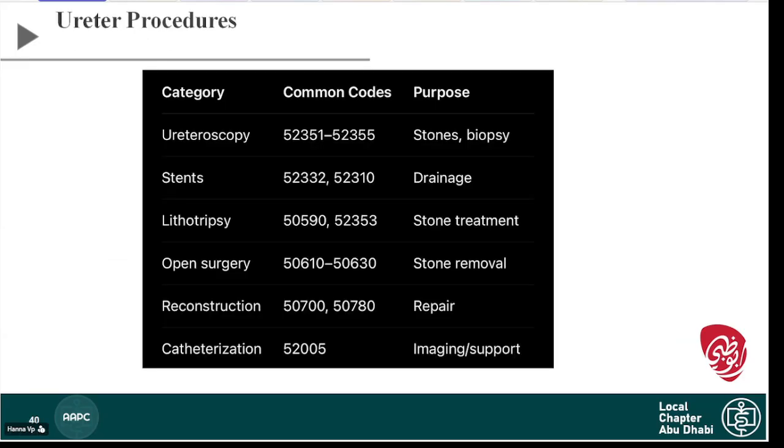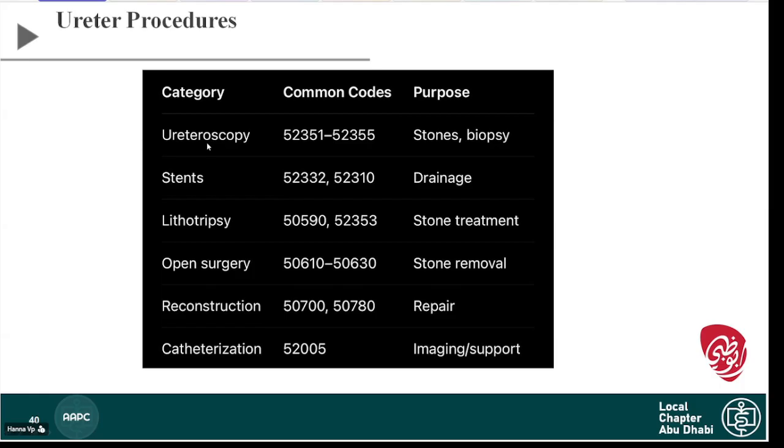Next, you can see ureter procedures, guys. Ureter means what? The tube which connects the kidney to the bladder. See some procedures given here. The category, common codes, and the purpose are also given here. Ureteroscopy. What is this?